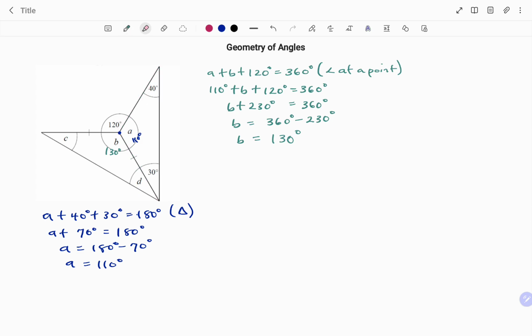Now to find C and D, note that the triangle highlighted is an isosceles triangle because we've been shown from the diagram that the lengths of two sides are equal.